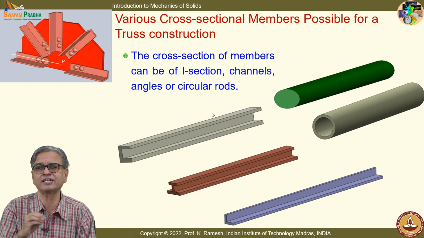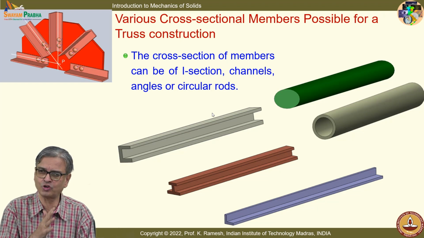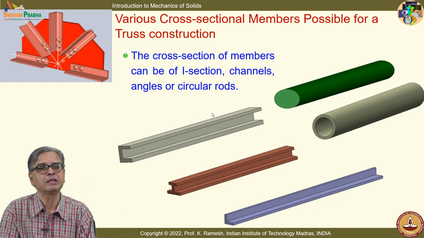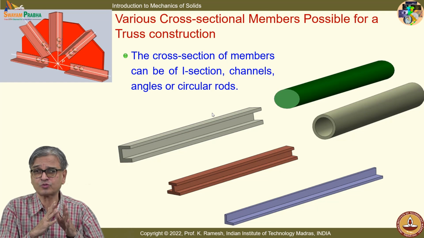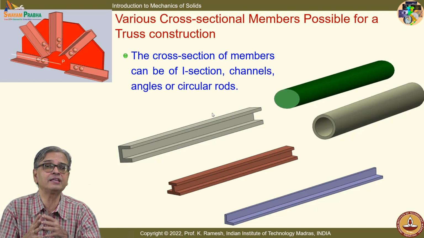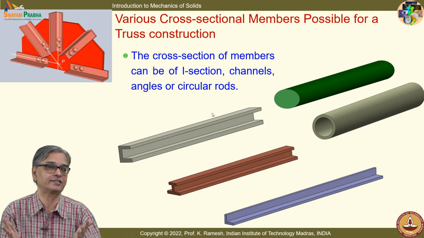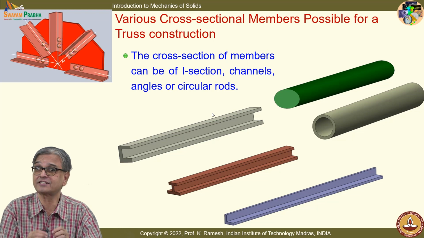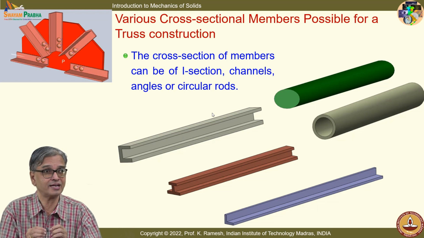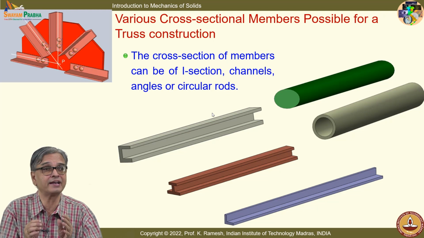What matters in the case of axial loading is only the cross sectional area. That knowledge you all have. The situation is quite different when the member has to support bending or torsion. Cross section matters. Okay, it's not only the cross sectional area, how the cross section is made, it matters.